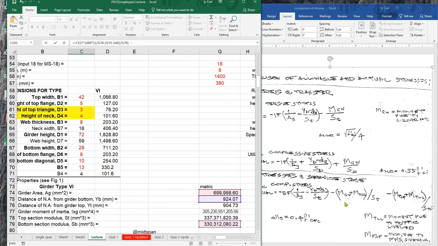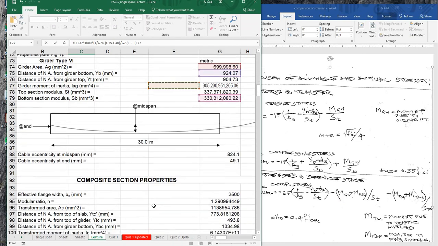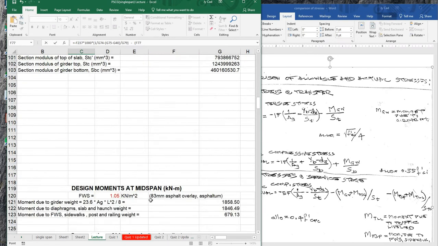Here we go now. So, moment due to girder weight. Where is the moment due to girder weight? It is here at mid span. Okay. Moment due to girder weight, 1858 plus moment DSH, moment due to diaphragm, slab, and haunch. So, this is it.